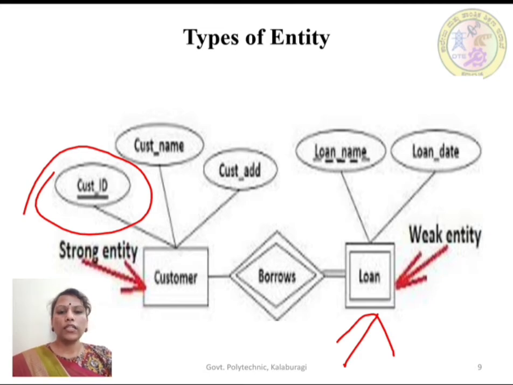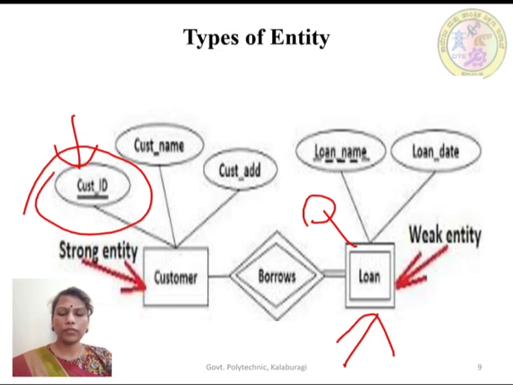Because see, here we don't have any key attributes for loan. If this customer takes a loan, then that customer ID will be presented here in order to identify that loan. So no need of a key attribute in this loan.